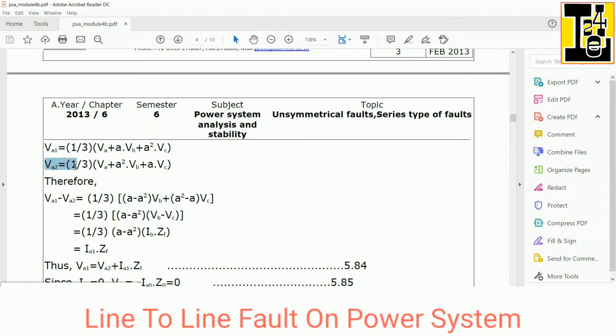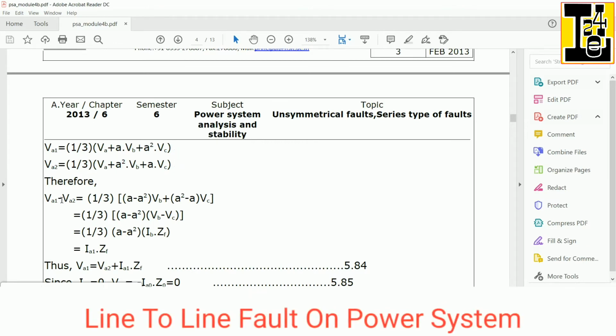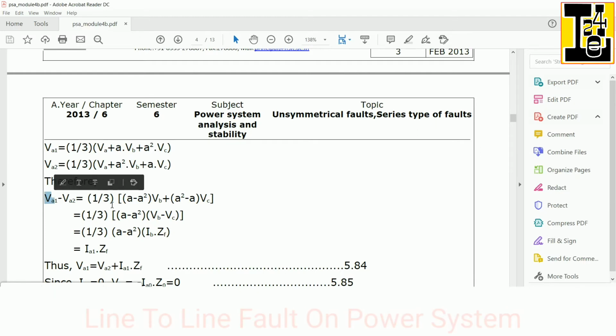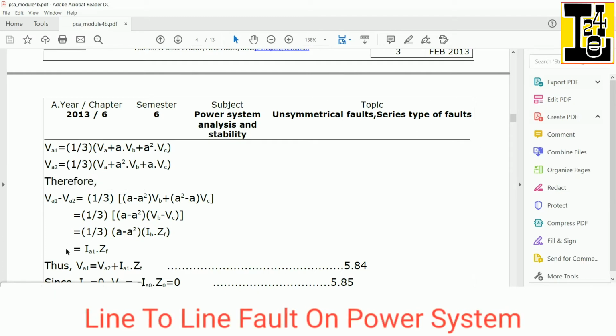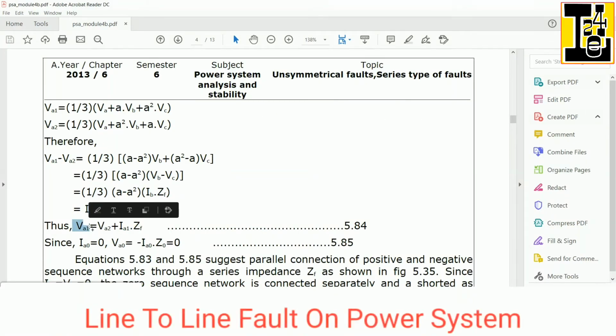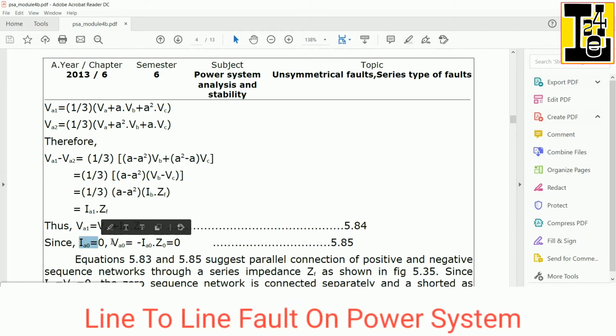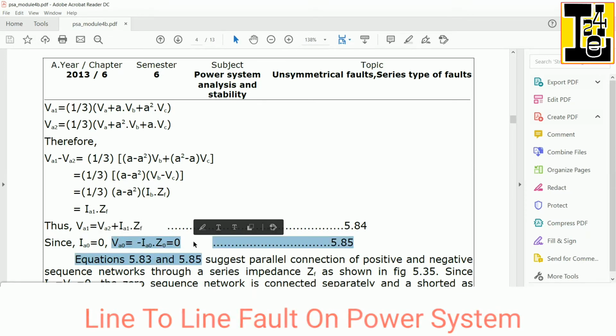VA2 equals 1/3 into (VA plus a squared VB plus aVC). Subtracting VA2 from VA1 and solving further, we will get VA1 minus VA2 equals IA1 into ZF. Writing the expression for VA1, that equals VA2 plus IA1 ZF. We also know that as IA0 equals 0, VA0 will also equal 0.